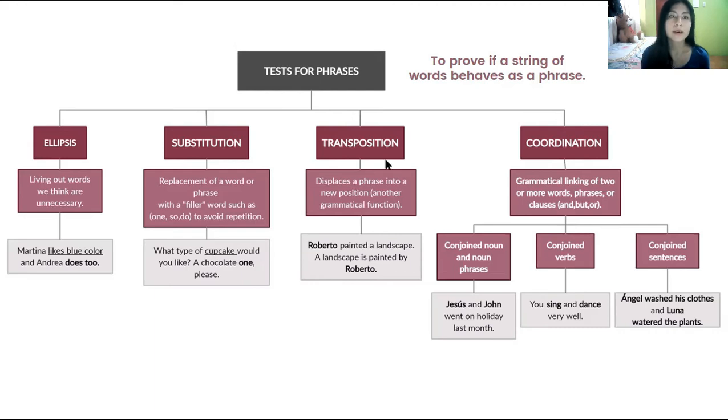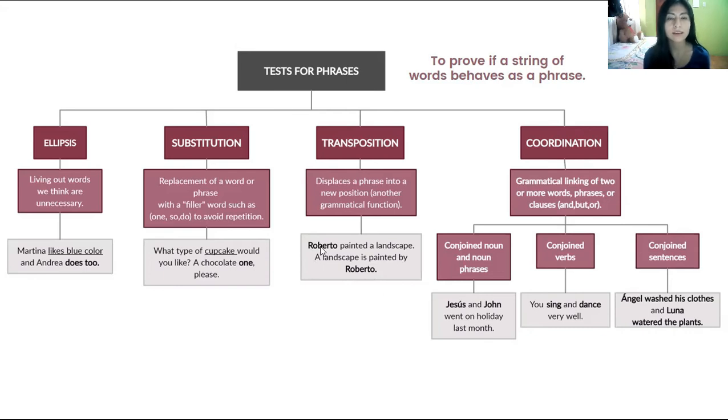Okay, now we have transposition. Transposition is a process in which we displace a phrase into a new position, and also we give it another grammatical function. For example, we have the next sentence. Roberto painted a landscape, and a landscape is painted by Roberto.